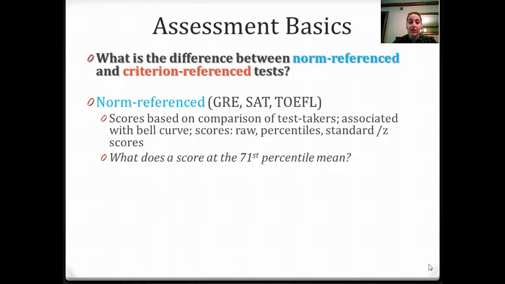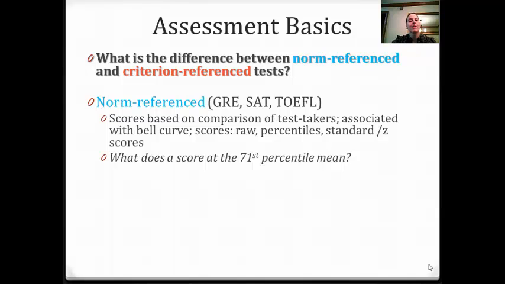And you get a percentile ranking based on how well you perform on the test in comparison to that norming group. That's what the percentile ranking ranks you as. For example, if you scored in the 71st percentile, that means you did better than 71% of the students who took that test, which, if you think about it, is a pretty good score.